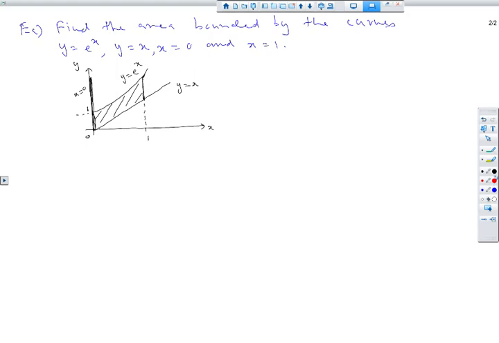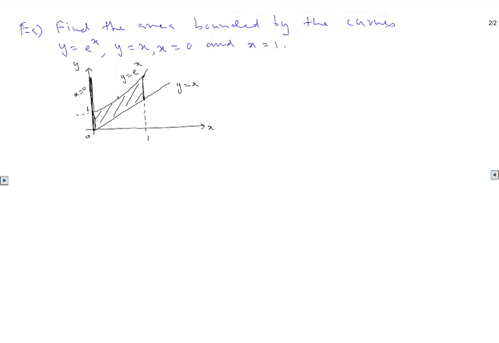So what we do is look at the typical rectangle here. Let's draw one such rectangle. That's the typical rectangle, and that is the delta x we are talking about, the delta x gap, at the x position here. Now what we need is the height. So what's the height?